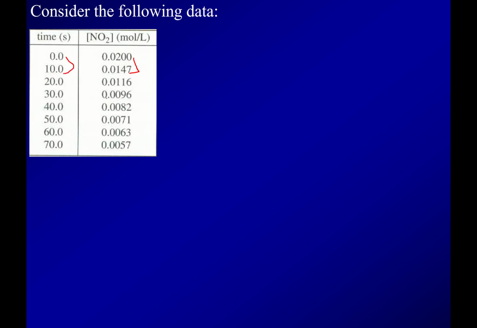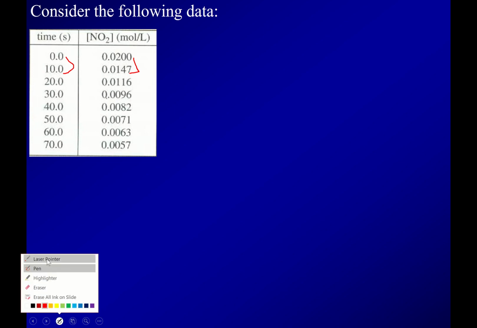It's pretty straightforward. We're going to go 0.0147 minus 0.0200, because it's final minus initial. That's going to be our change, and it's going to be negative, obviously. Then we're going to divide by 10 seconds minus 0 seconds.